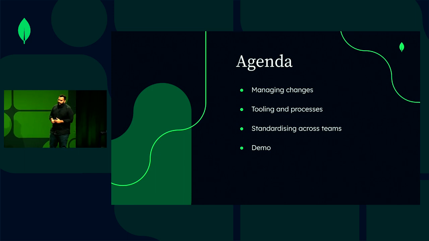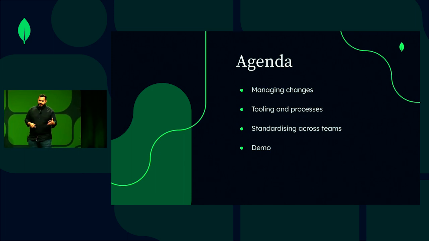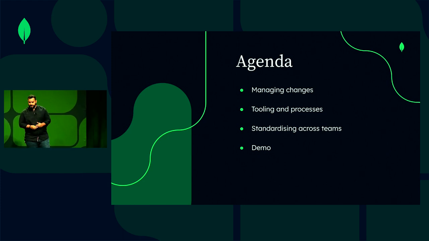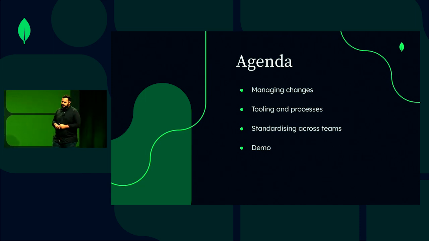Then we're going to talk about how the whole company took a step standardizing across the board, delivering a huge array of benefits that would be critical to help the company scale and succeed. Finally, we're going to show you how you can achieve the same benefits.